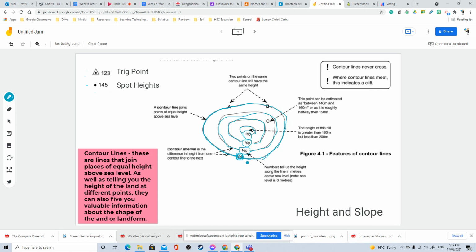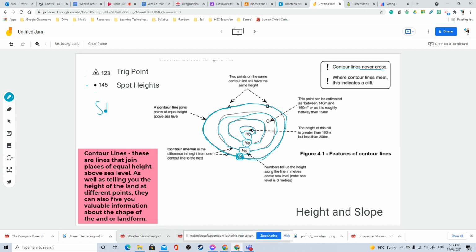Now, therefore, if we're walking along, for example, the 140 line here, that would indicate that contour lines can never cross. It's just simply not possible. So where contour lines do meet, this indicates a cliff. When these lines are very close together, the closer they are, the steeper.